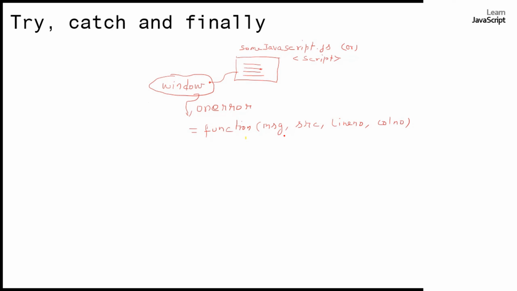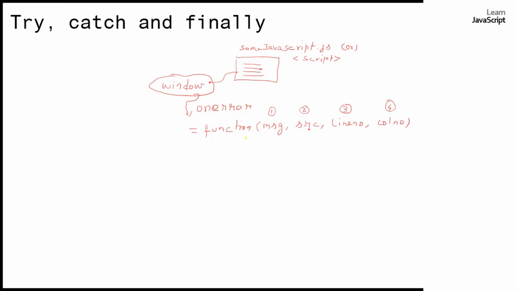Here I provided the parameter names. You can use any variable name, but the order is important. The first one will be the message, the second one is the source of the error, the third one is the line number, and the fourth parameter tells the column number.